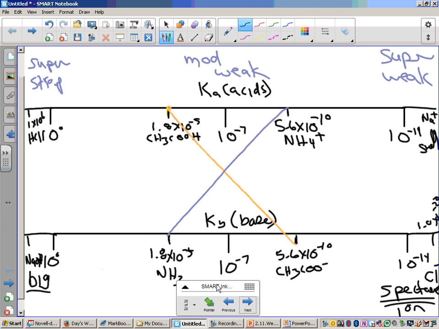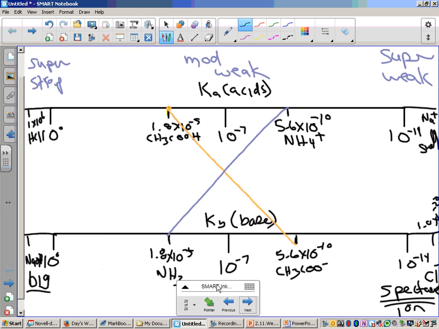And we already know this. Sodium in the water is technically the conjugate acid of a super strong base. So Na plus, I want you now to think of Na plus as if it came from NaOH, which is a super strong base.